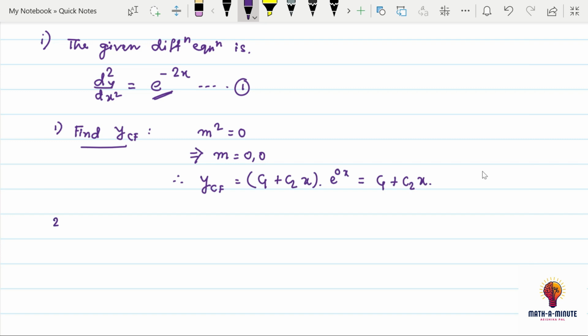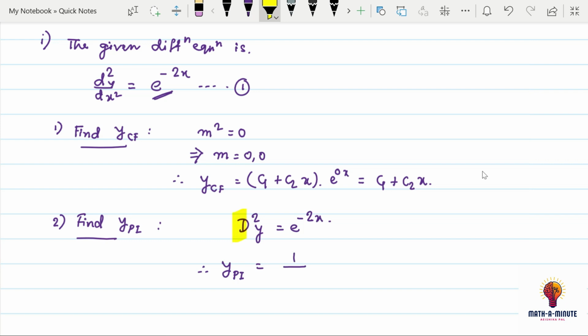Now, how to find the particular integral for this problem? First we write the given differential equation in this form: D square y equals e to the power minus 2x. Therefore, y PI will be 1 by f of D. Here f of D is basically the D operator, which is D square.